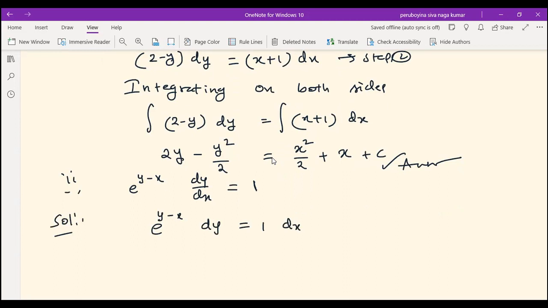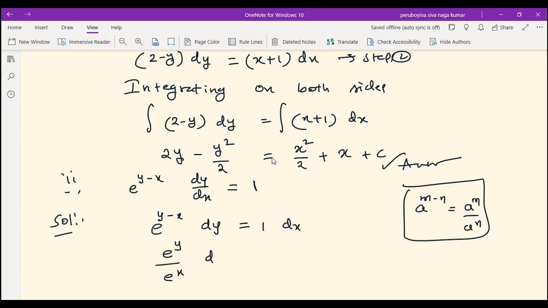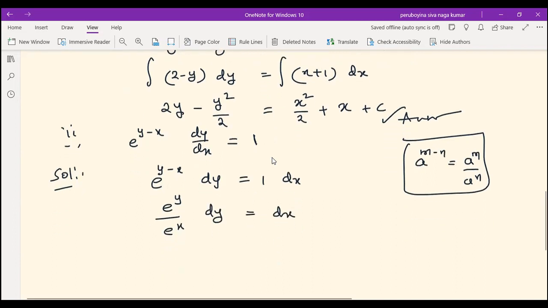We know that a power (m minus n) is equal to a power m by a power n. In the same way, e power (y minus x) can be written as e power y by e power x. As step 2, y terms stay on the dy side and x terms on the dx side. So e power y dy is equal to e power x dx.